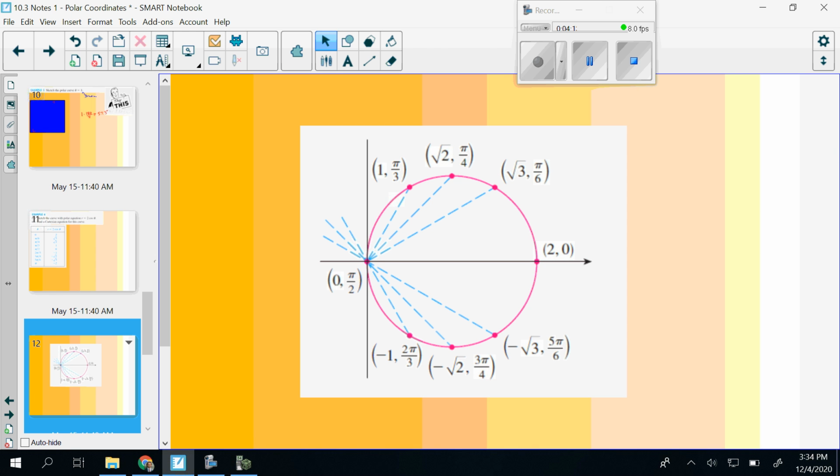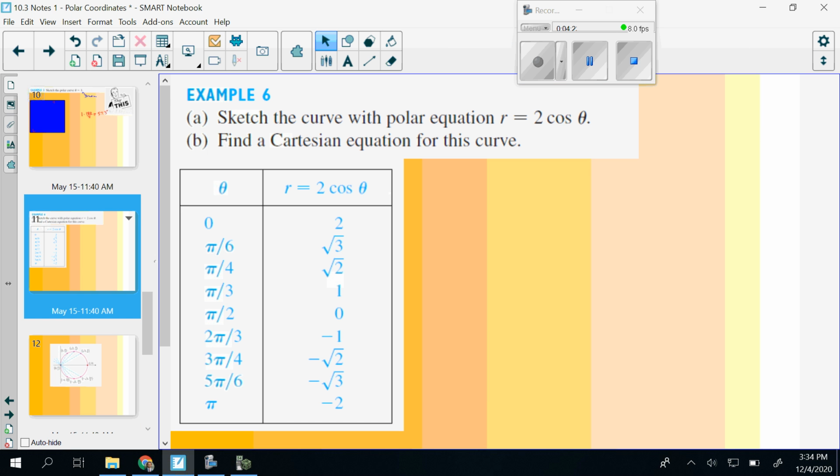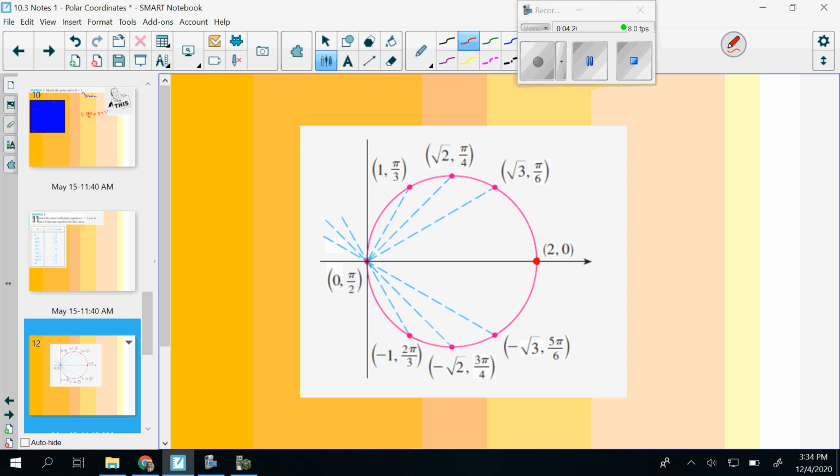So over here, it would kind of start here. And then if you did the next point of pi over 6, you'd get square root 3. And so this one is moving in this direction up here. You'd get that, and it keeps moving in this counterclockwise position here and makes this circle.